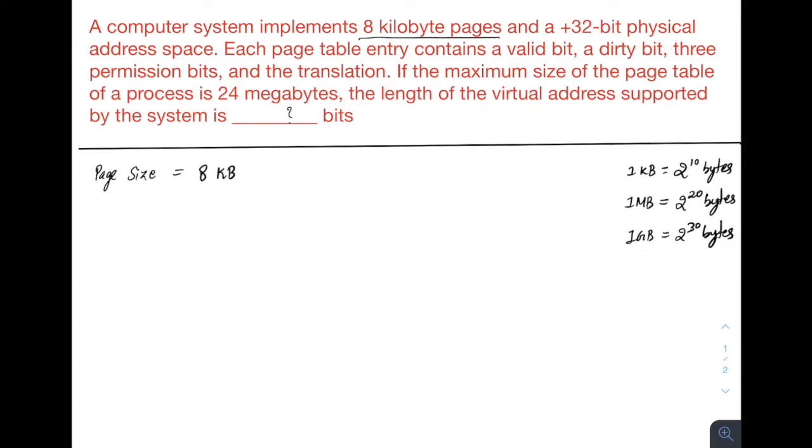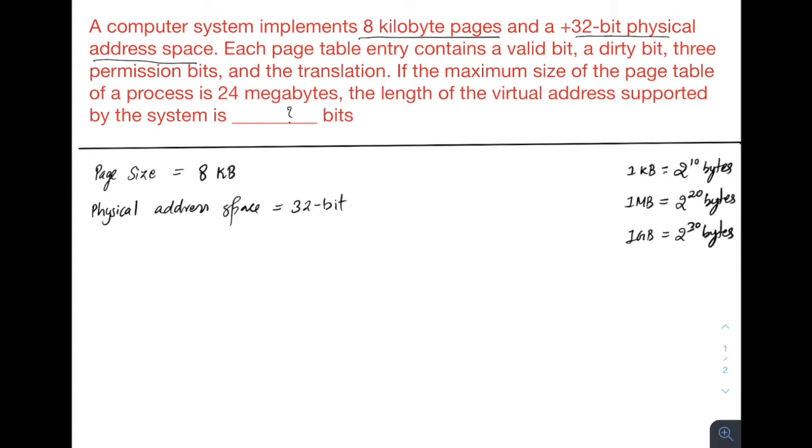Next, it is given that the computer system has a 32-bit physical address space. What does this mean? Physical address space is basically our RAM or main memory. This does not mean that the size of the physical address space is 32 bits.